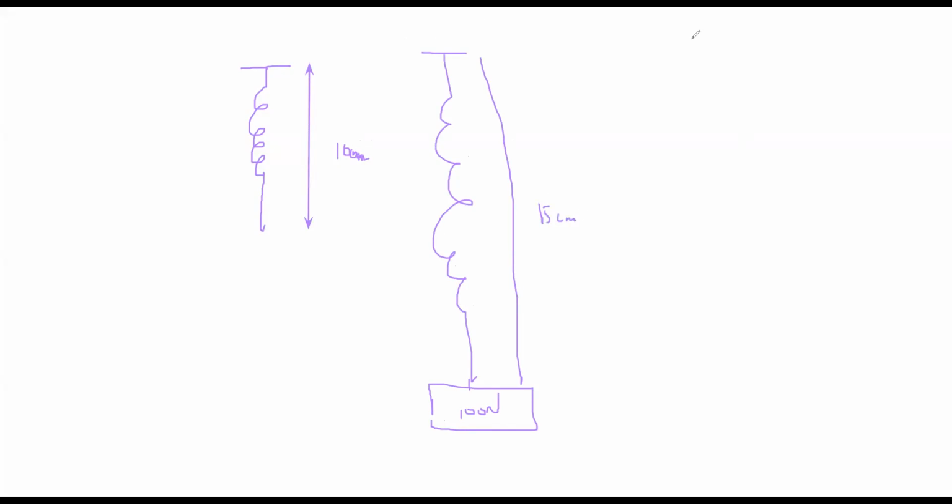If I remove the load, it should return to the same 10 centimeter, but it does not.